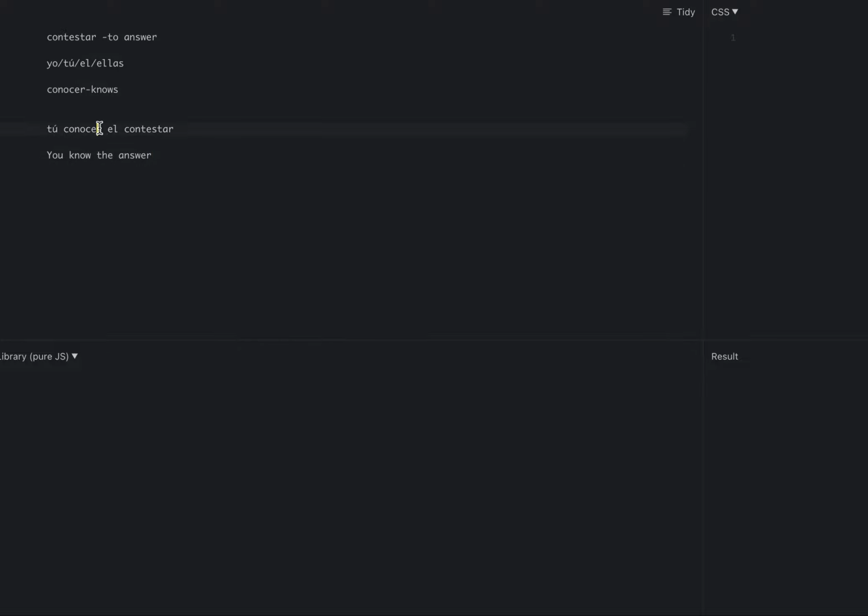So the only conjugation we have done is with conocer. We made conoces because we are conjugating with tu, and I think you've seen this in probably section 3 that we could have two verbs in a sentence where one verb is conjugated and the other verb is in the infinitive form. So in this case, contestar is in the infinitive form, and conocer we have conjugated with the subject pronoun tu.